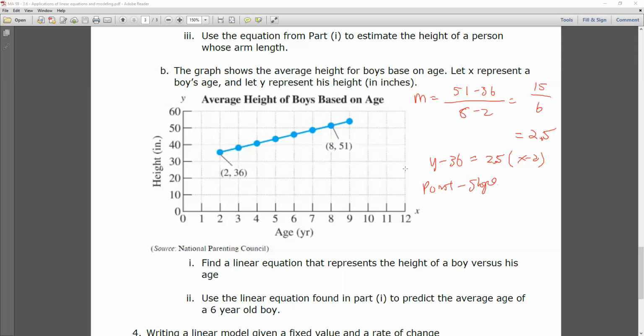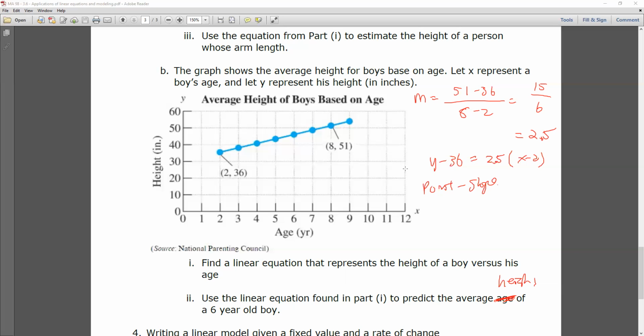Now part 2, notice I had a typo here. I meant to say use the linear equation found in part 1 to predict the average height, not age, height. So to figure out this kid's height based on the equation, we're just going to take the number 6 and plug it in.